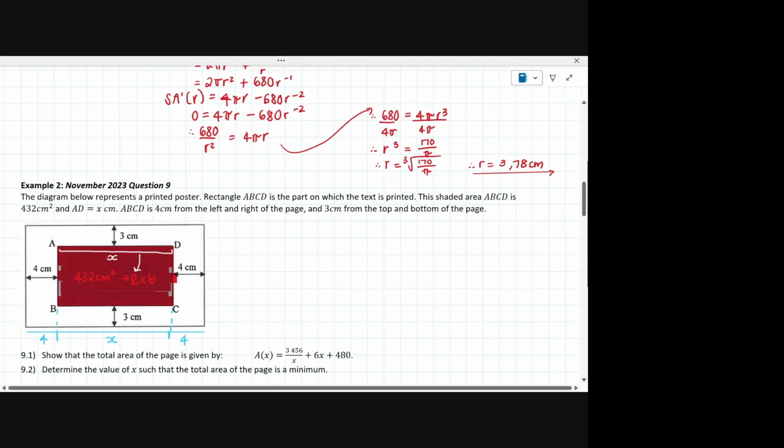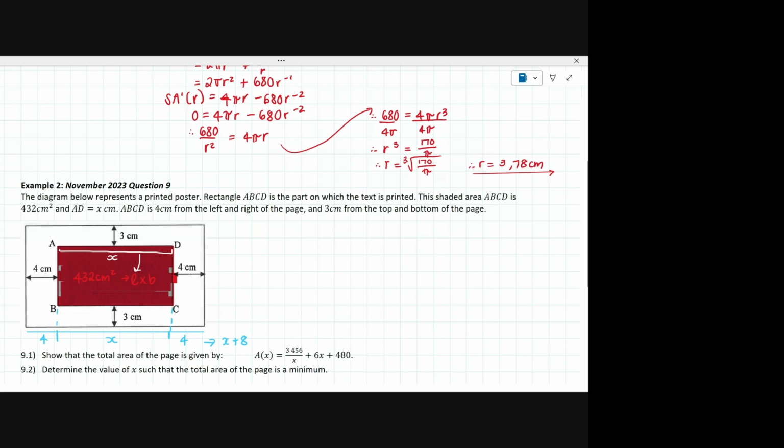So that means in total, this length would be 4 plus X plus 4, which is X plus 8. Again, we don't know what the breadth is. We know there's 3 centimeters on the top and 3 centimeters on the bottom, but I don't know that middle section, so I'd have to work that out.